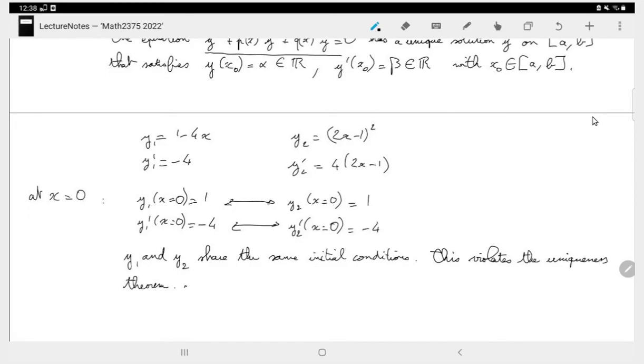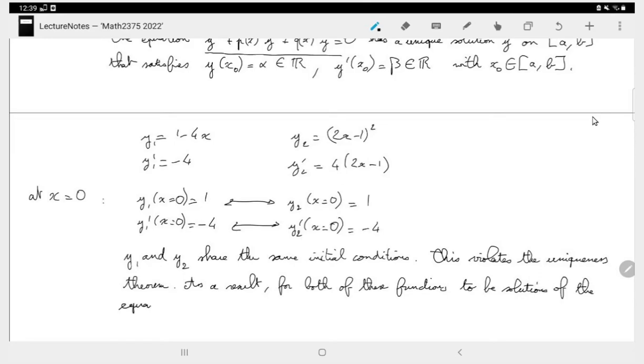As a result, for both of these functions to be solutions of the equation, p(x) and q(x) have to be discontinuous on the interval which was specified in the question, which is (-1, 1). Okay? So that's the first part of the problem.